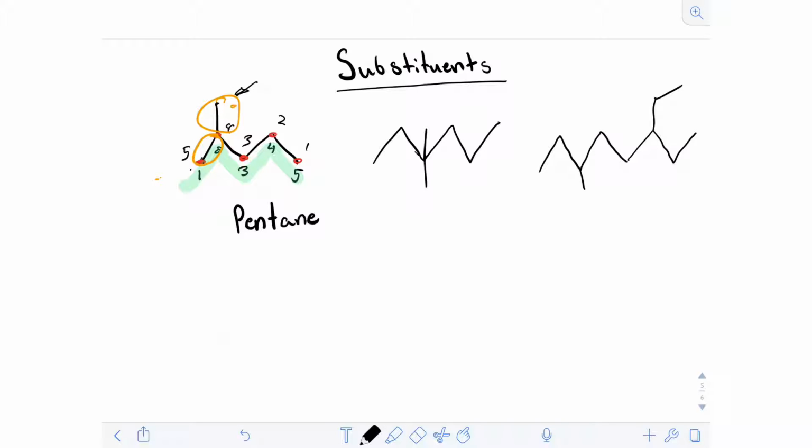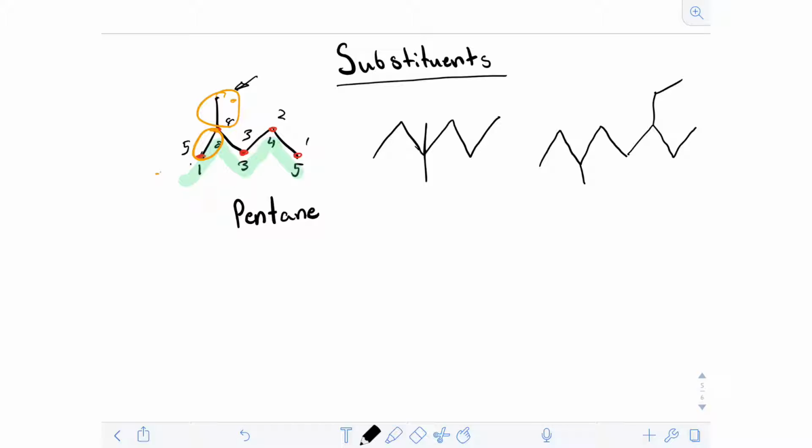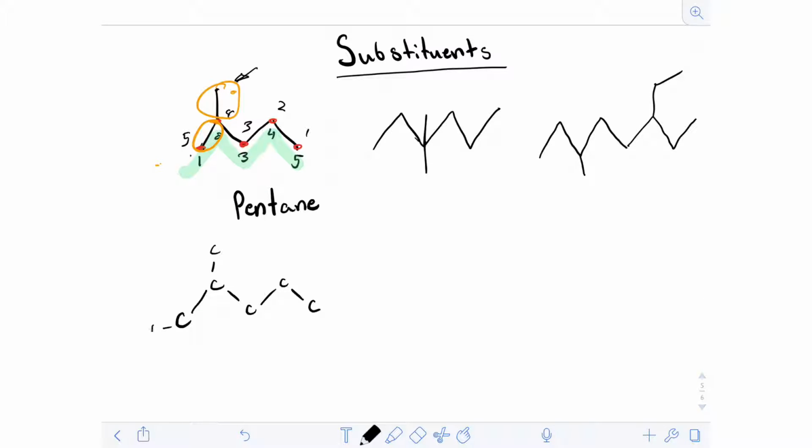Another way you could portray this is something like this, again with its appropriate attached hydrogens.